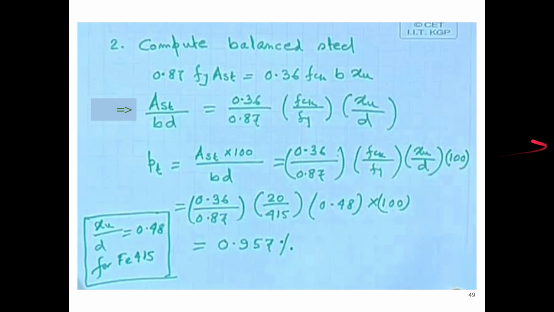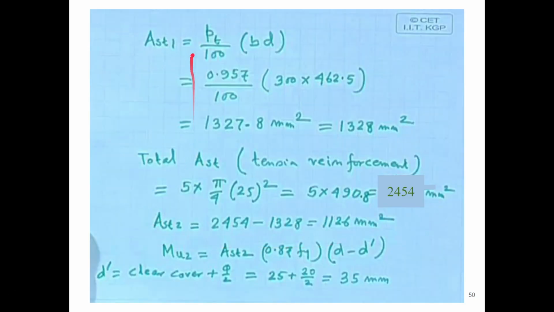Using this relation and substituting the values, we get pt value as 0.957 percent. This is the amount of steel at the limiting condition, because we have considered xu by d value as 0.48. So that is the limiting condition, so pt value is 0.957%.